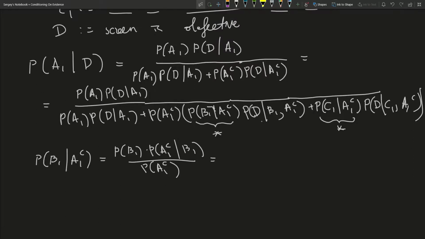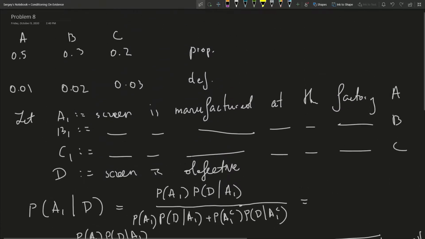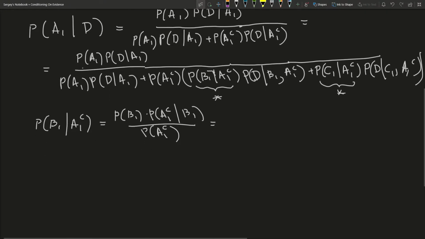So we know the ratio of all the screens manufactured at company B. So that number is 0.3. So we can write 0.3 here. Now, if it was manufactured at factory B, it was definitely not manufactured at company A. So this is 1 over, and the probability that it wasn't manufactured at company A is then the sum of the proportions of screens manufactured at company B and C. So 0.3 plus 0.2.